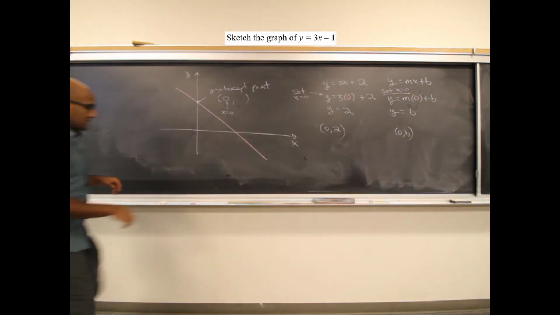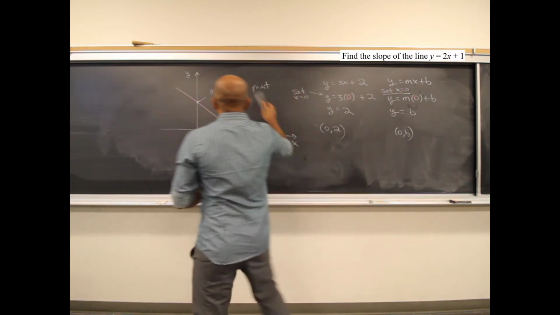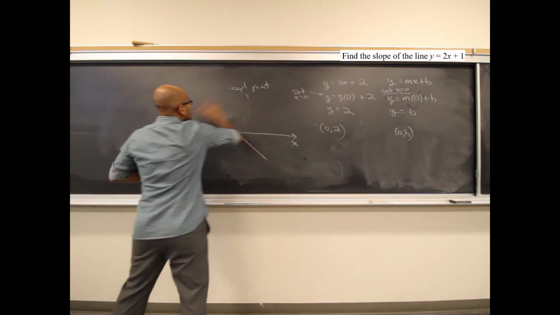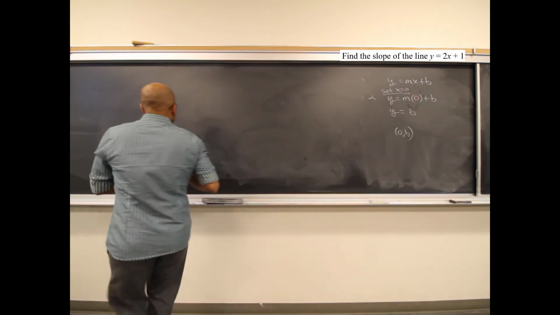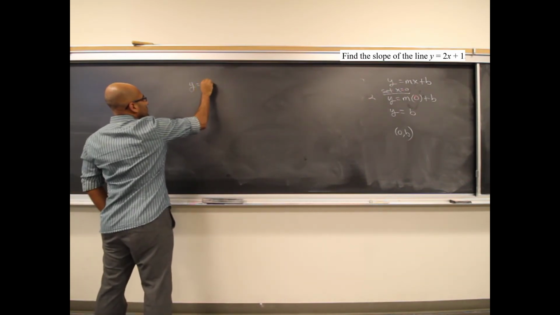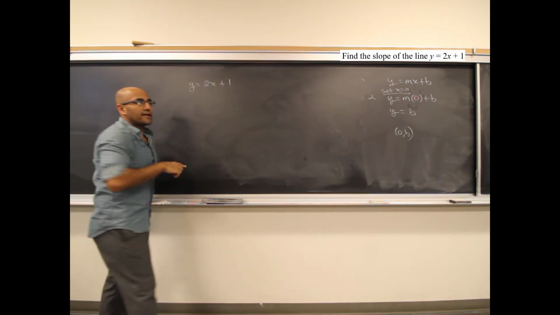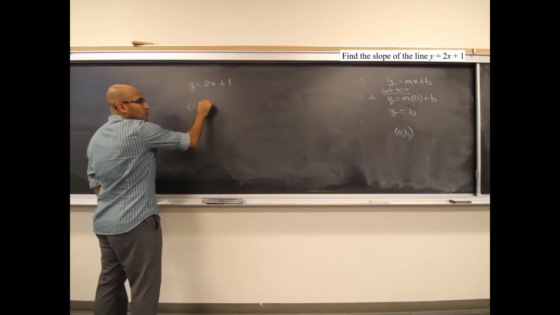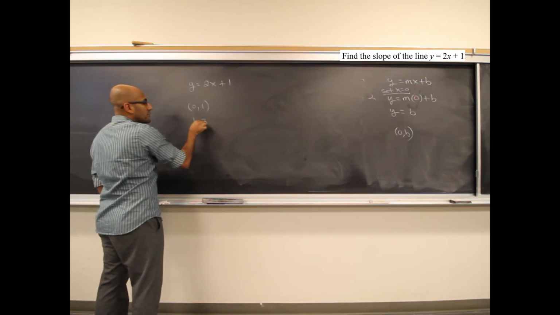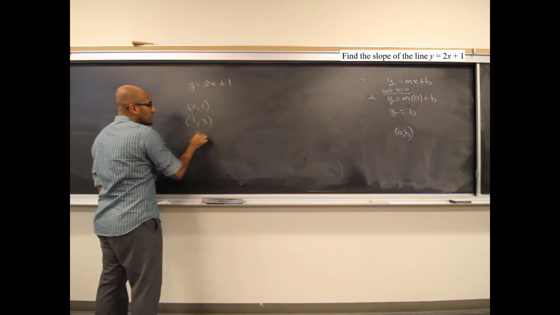For instance, let's go back to the first one we ran into back here. In this case, we were originally given the formula y equals 2x plus 1. And then we found some ordered pairs. So we found that 0 comma 1 and 1 comma 3 and 2 comma 5.